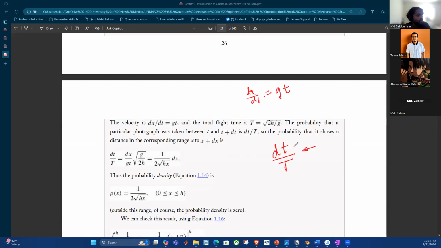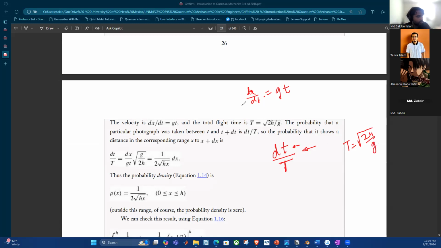So that is dt, and that is the total time, the flight time it takes to come to the ground. That is t. And you also know t equals the square root of 2h over g.